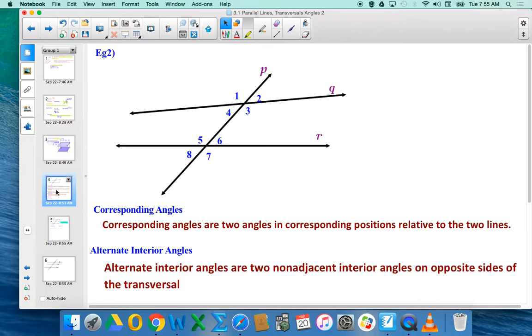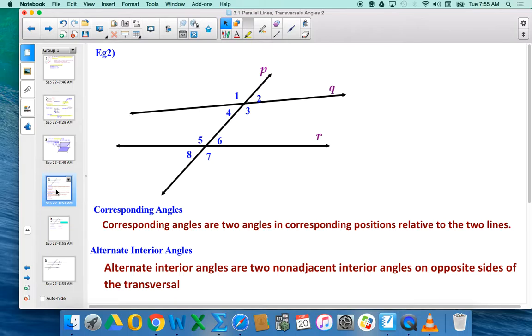I'll give y'all a minute to copy the picture. You'll notice that lines Q and R are not parallel. So these are some vocabulary words, so if you didn't write them down, you want to write these down.